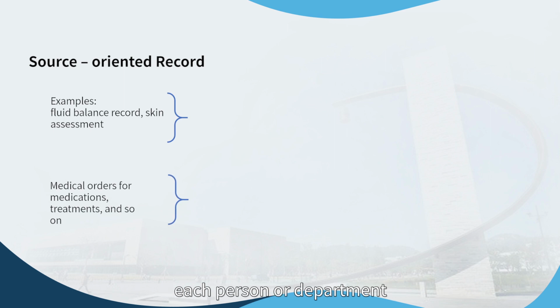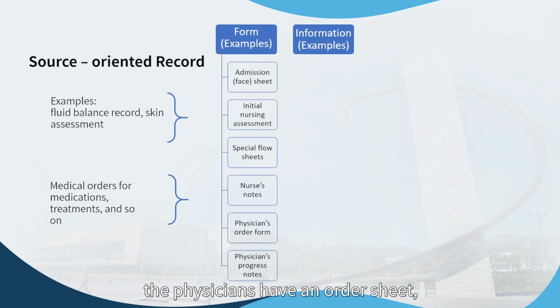Each person or department makes notation in a separate section or sections of the patient chart. For example, the physicians have an order sheet, a physician's history sheet, and progress notes. And nurses have assessment sheet, body temperature sheet, nurses' notes, and so on.